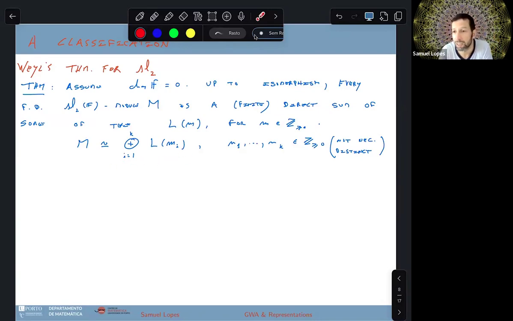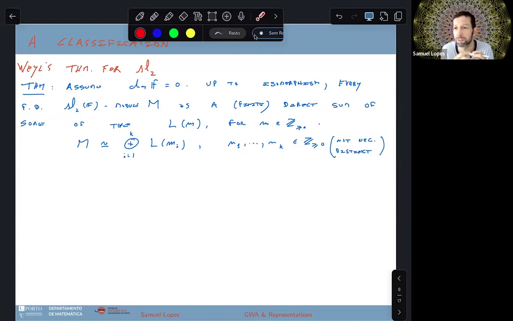Very nice. This theorem of Weyl is a general theorem for simple Lie algebras or semi-simple Lie algebras, and the proof is sophisticated and very abstract, but it's not out of this world.